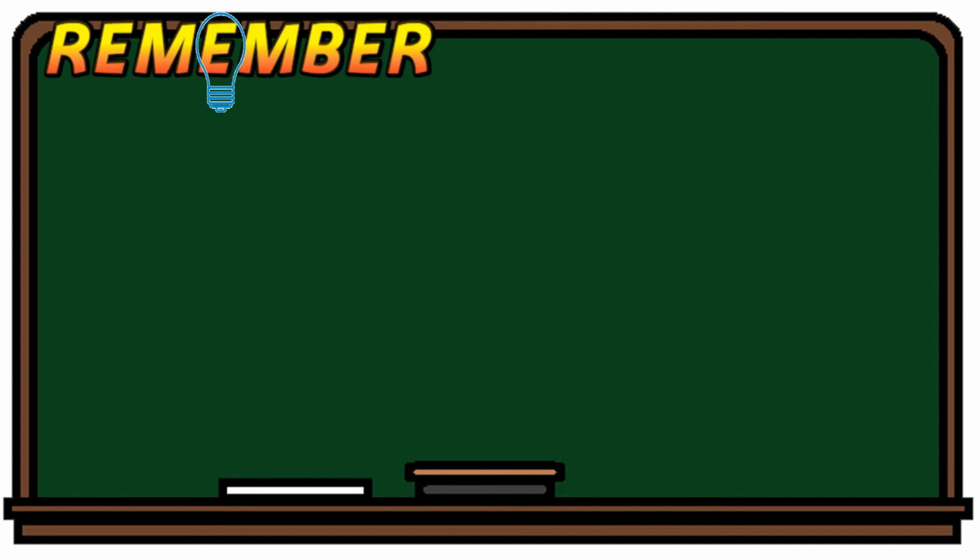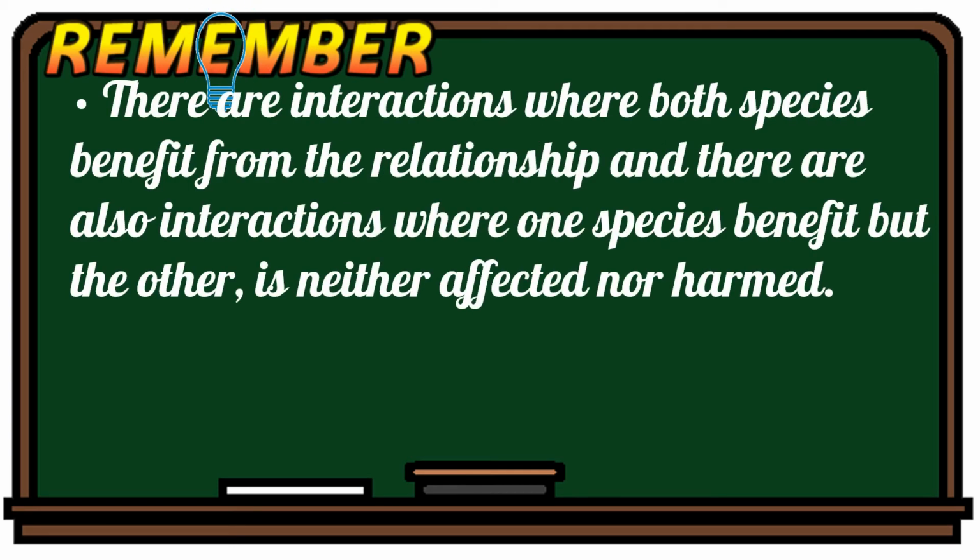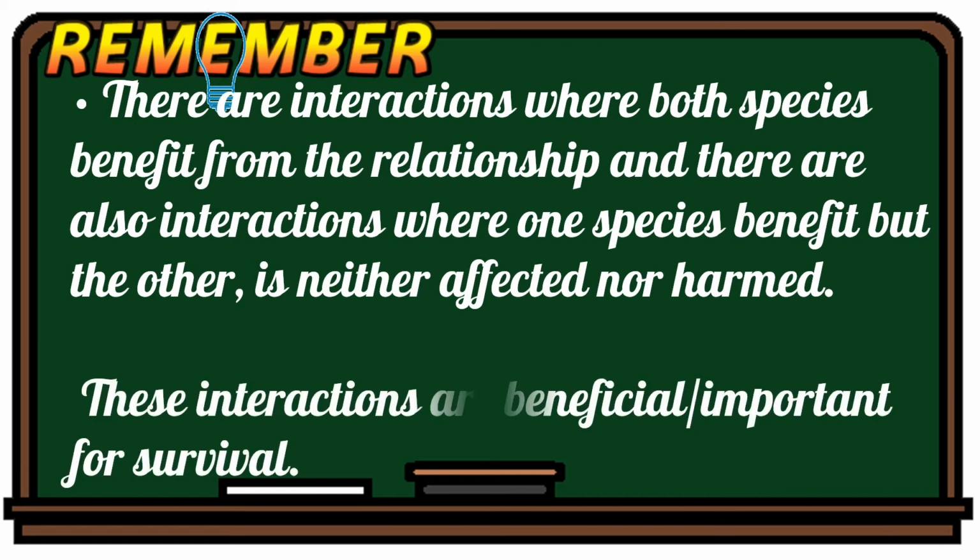Class, remember the following. There are interactions where both species benefit from the relationship. And there are also interactions where one species benefits but the other is neither affected nor harmed.